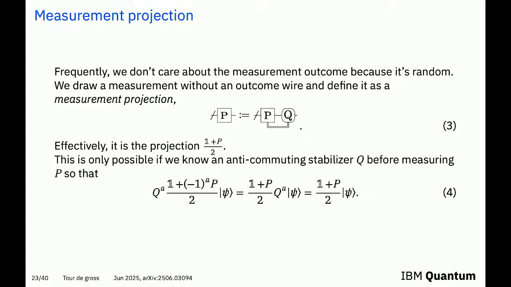And the reason we can do that is because we know some anti-commuting stabilizer Q that existed before doing P. And if we apply Q when we get a -1 result, we actually flip the sign back to plus. So in that sense, it's very easy to derive the Pauli corrections necessary to push your circuit into the +1 eigenspace.